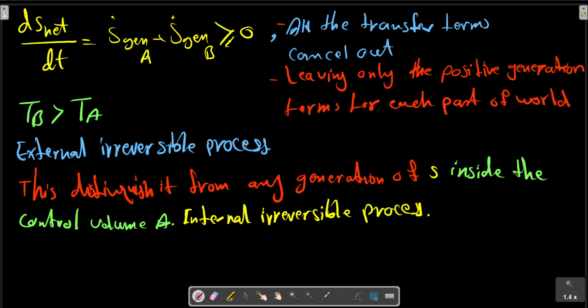For this general control volume analysis, we arrive at the same conclusions as the control mass situation.